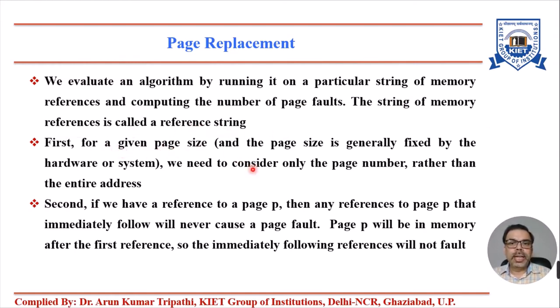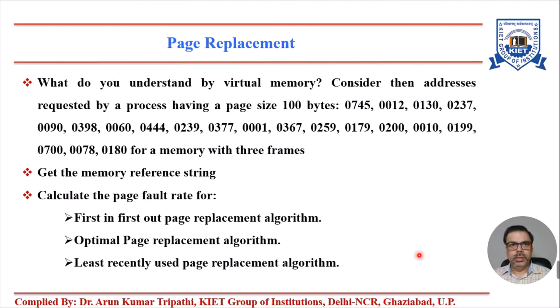For a given page size, we need to consider only the page number rather than the entire address. Second, if we have a reference to page P, then any reference to page P that immediately follows will never cause a page fault, because page P is in the memory after the first reference.